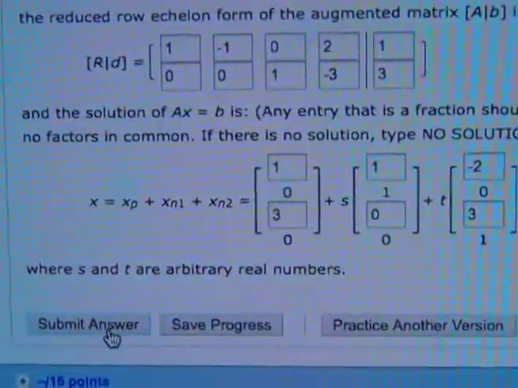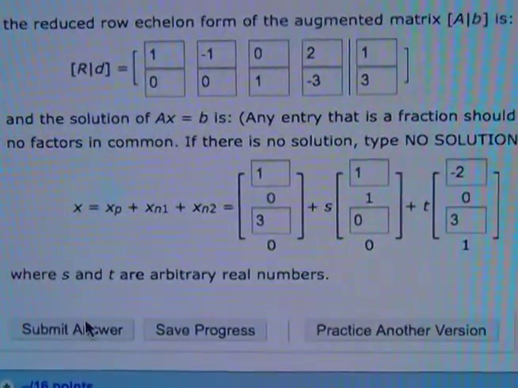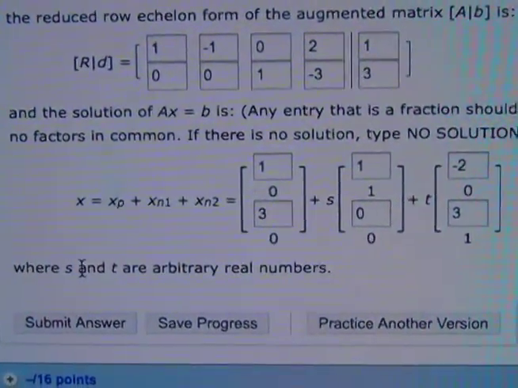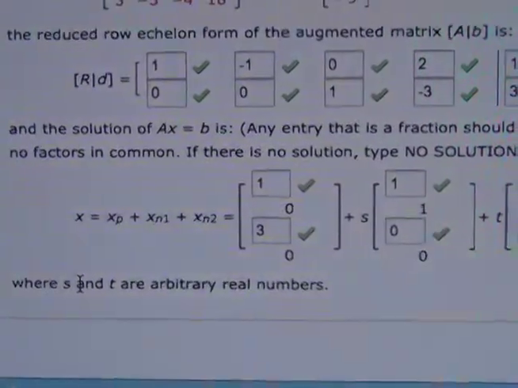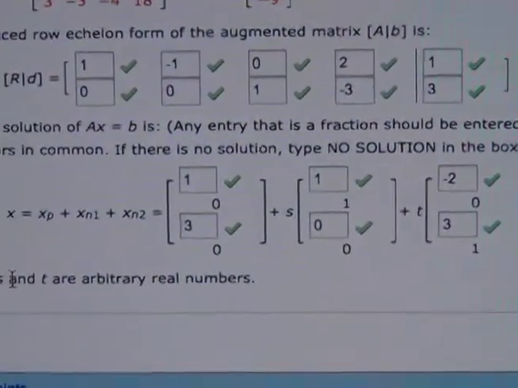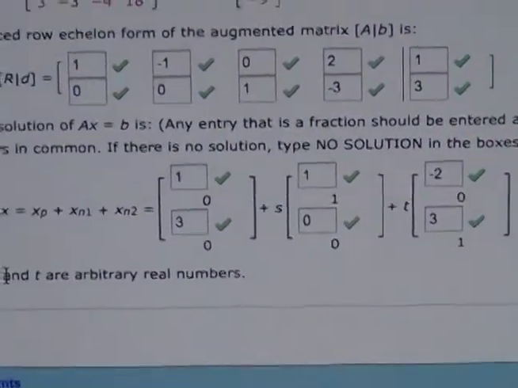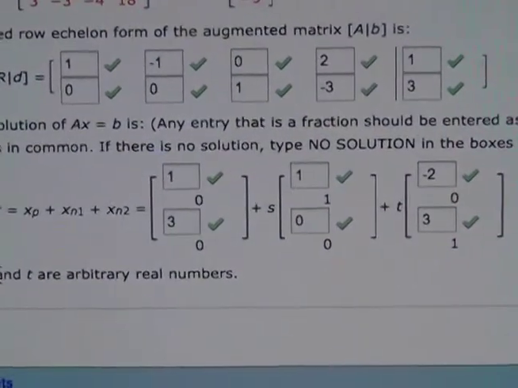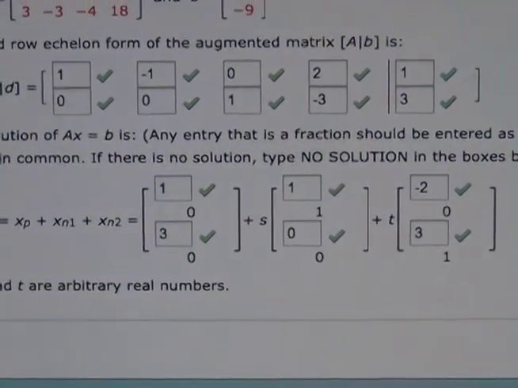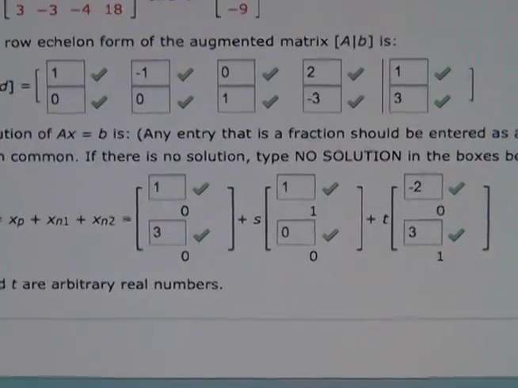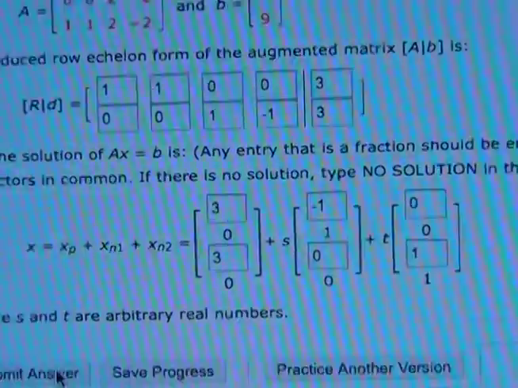Alright, and we have another problem. Let's see what this gives us. And oh! There we go! Refresh of the page for a little flicker, and it automatically scrolls down back here, and all those nice pretty green check marks.